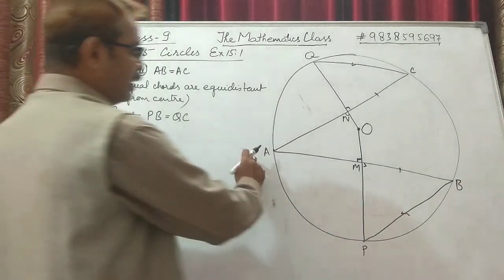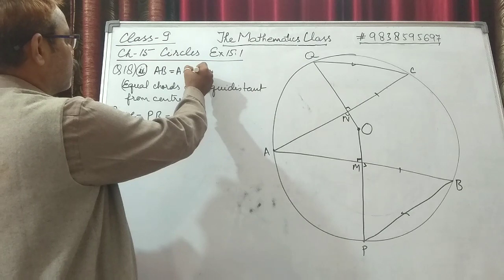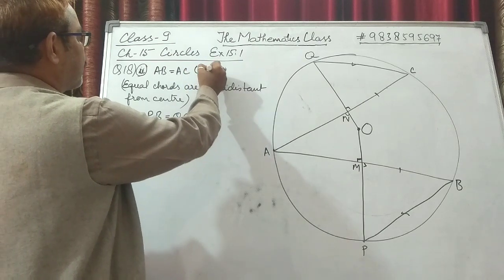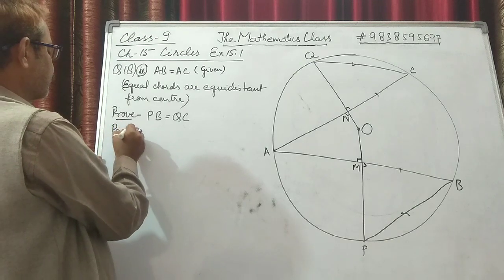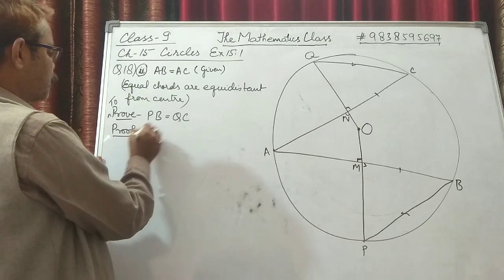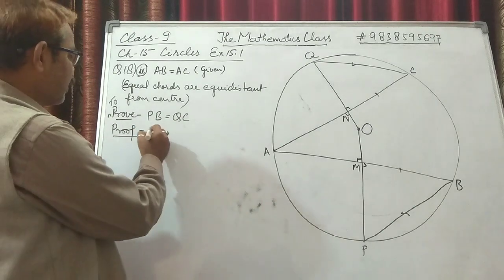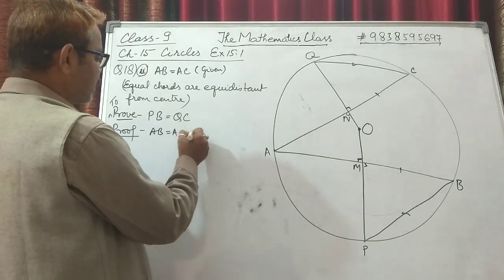We know that AC and AB are equal. It is given. So now I start with the proof. This is to prove. Proof. What is the proof? First of all, AB is equal to AC, that is given.